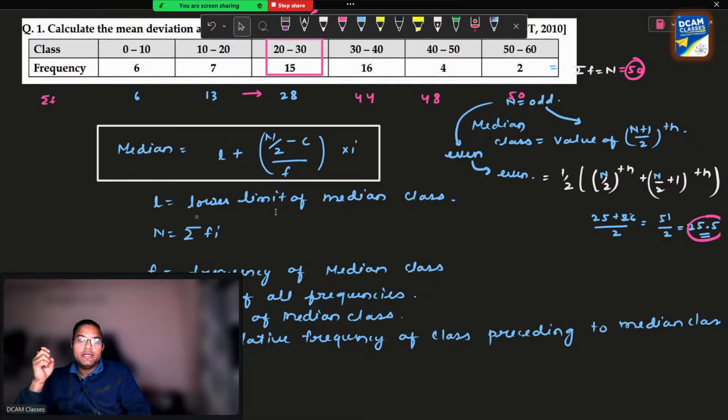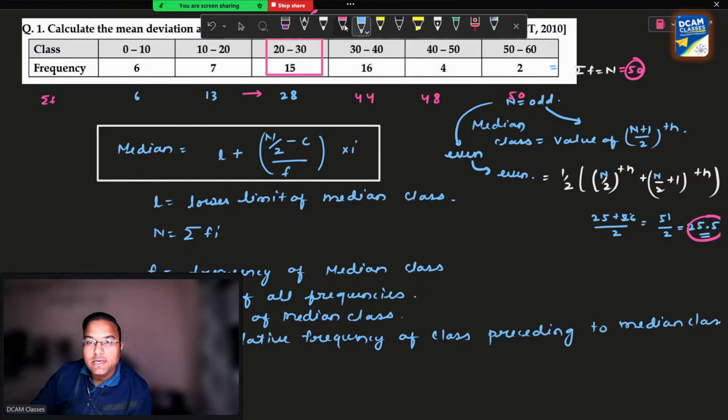Now when you calculate the median, just tell me the value that you're getting. Actually, let me show you what we'll be getting. L is the lower limit of the median class, which is 20. N you have got as 50.